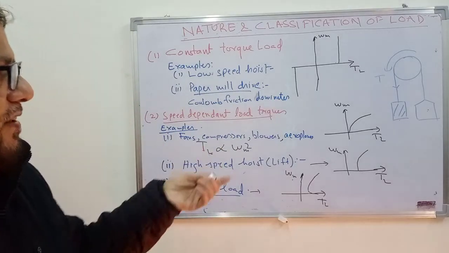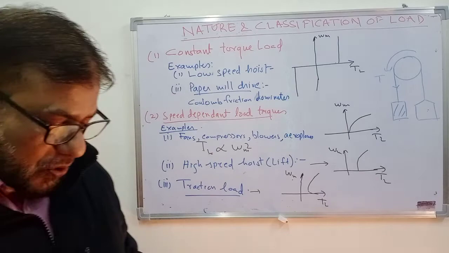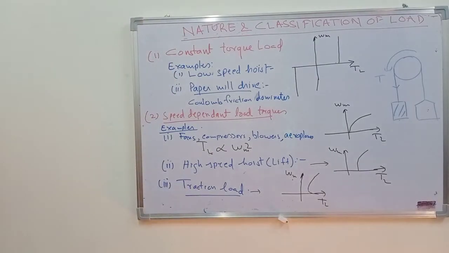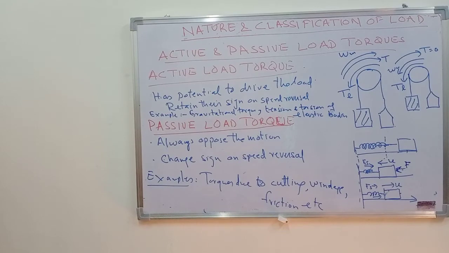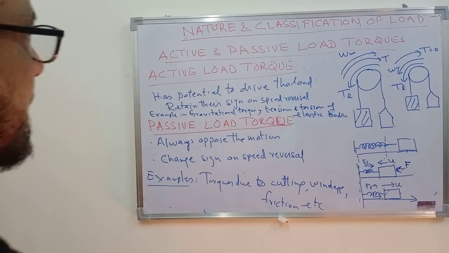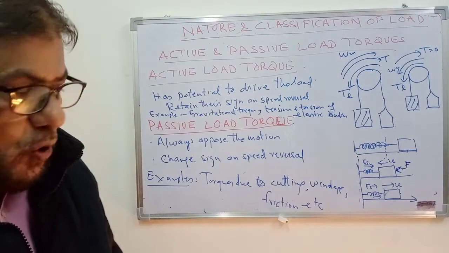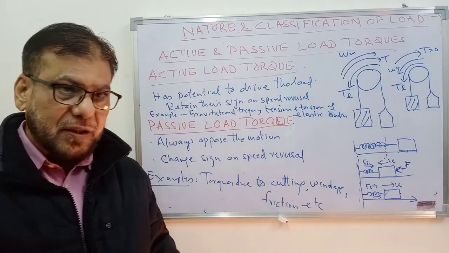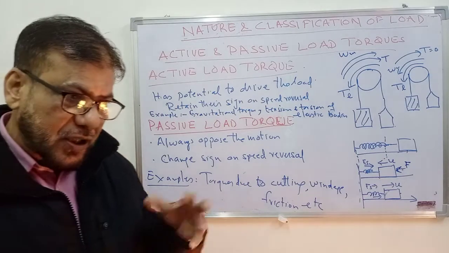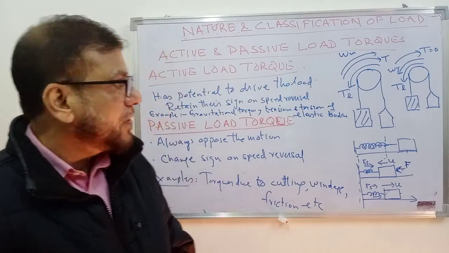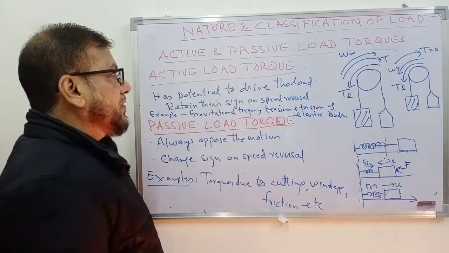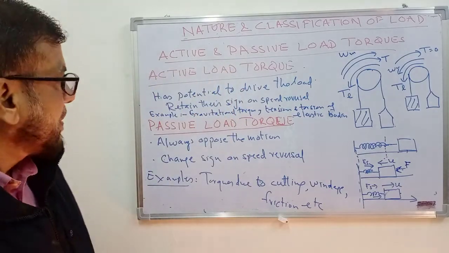Now there is one more classification of the load torque that I will discuss just now. We can classify the load torque on the basis of whether the load can move the motor or not. Depending on that, we can classify it as active and passive load torques.